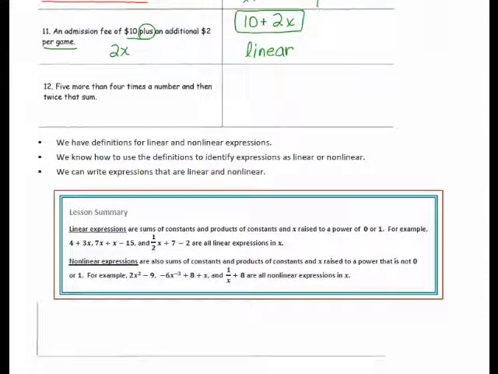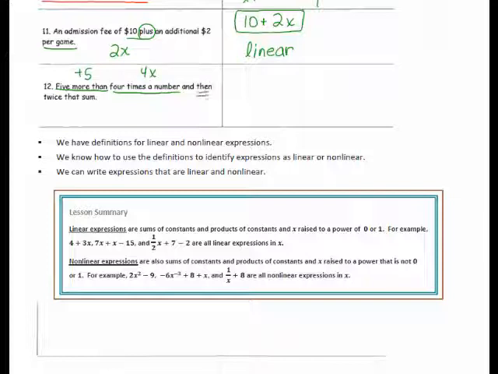5 more than 4 times a number, and then twice that sum. First, how do you write 5 more than something? You're going to add 5. Add 5 to what? 4 times a number. Let's let x equal that number, and then 4 times the number would be 4x.